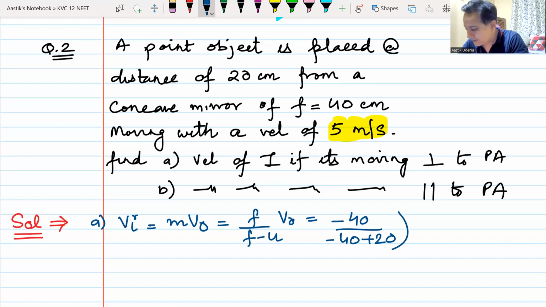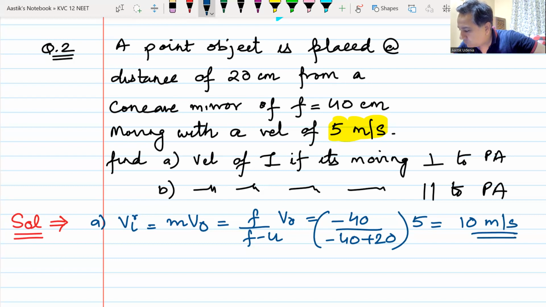Now comes the tough part of calculating it, multiplied by 5. So it is minus 40 divided by minus 20, which is 2. 2 multiplied by 5 is 10. It is coming as positive. That means the image is also moving in the same direction. Yes or no?